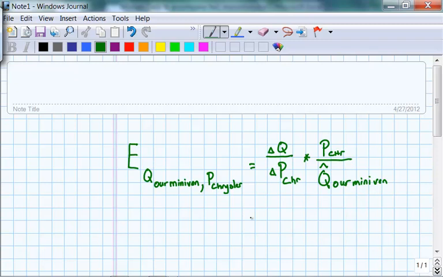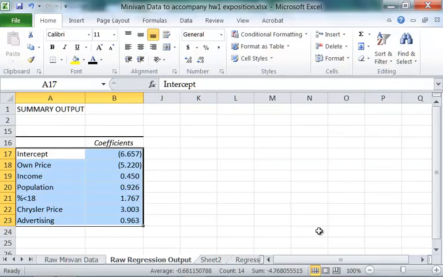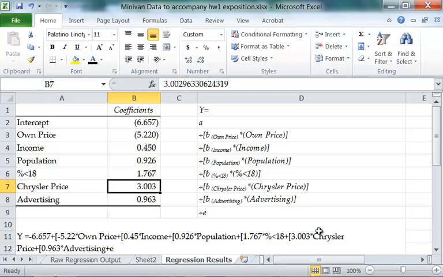Now, what's great is the change in quantity with respect to change in price is exactly the B hat that we get on price of Chrysler. As you can tell, I don't write Chrysler very often. And what is that B hat? Well, that's what we just did in the regression work, right? So when we look at what's that B hat, it's 3.003, right?